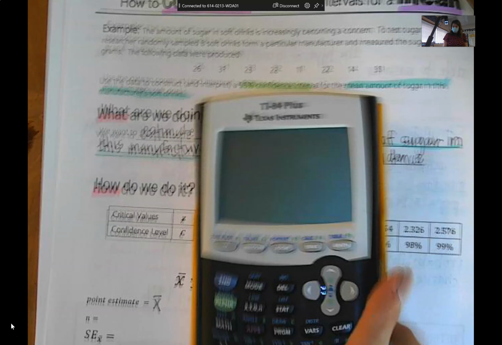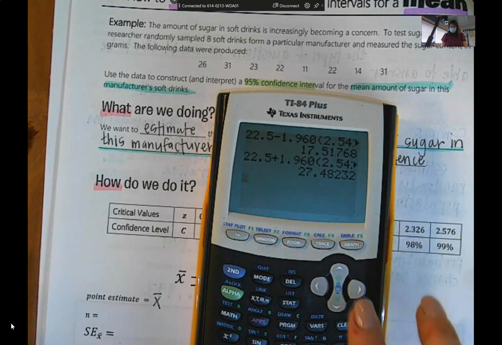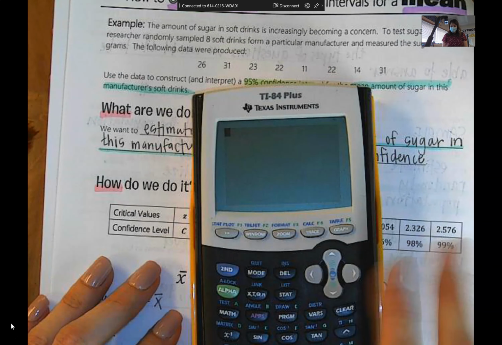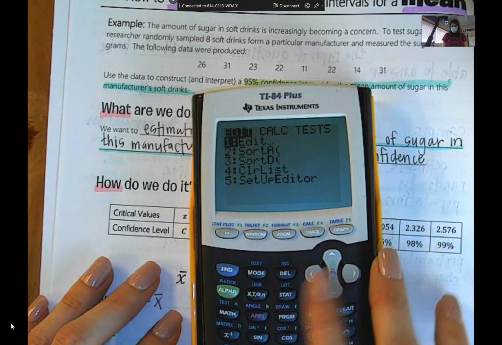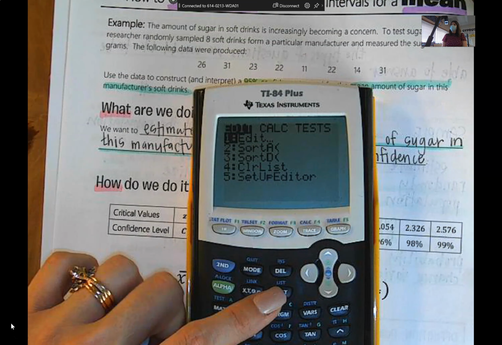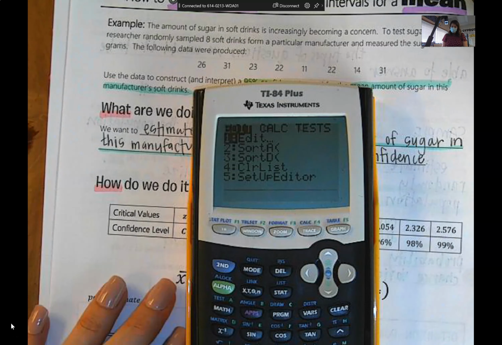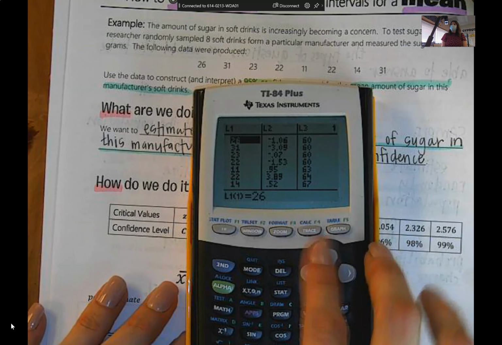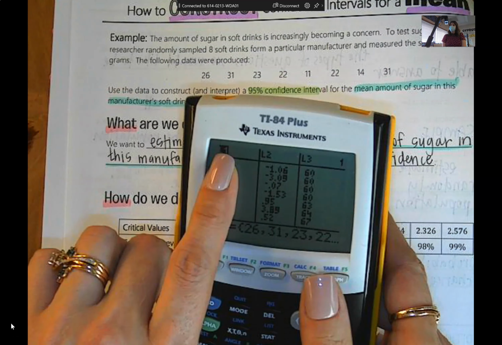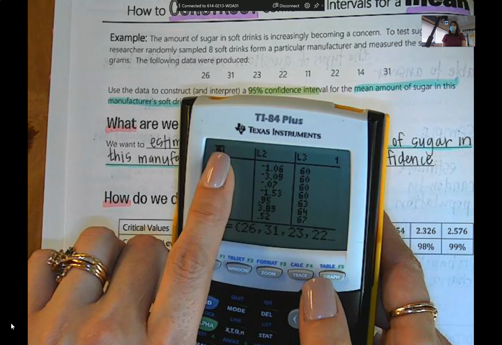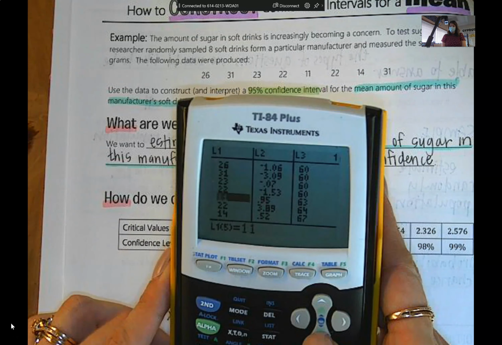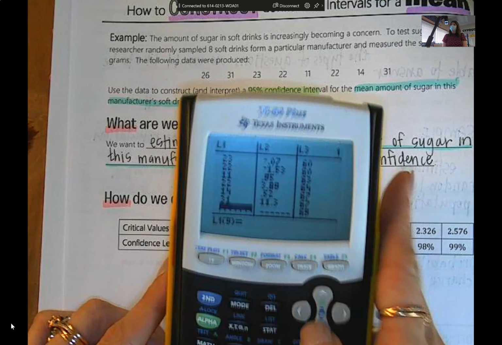Let's use our calculator to do that. We could just add them up and divide by 8, but we need other information, so let's add it in to our list. So go to Stat, and then Calc. If you need to clear out a list, remember you highlight the list name and hit Clear, Enter. Then you're going to enter in those 8 values.